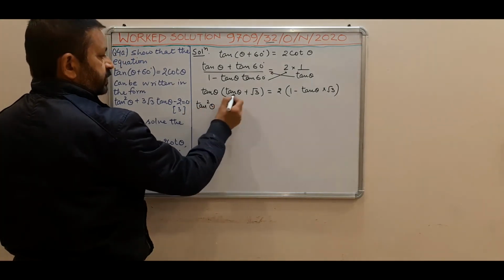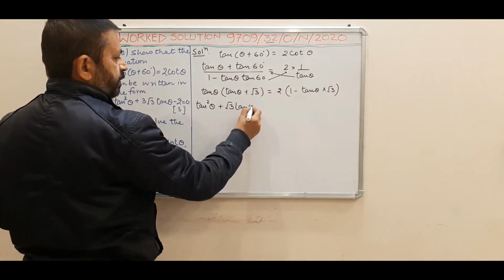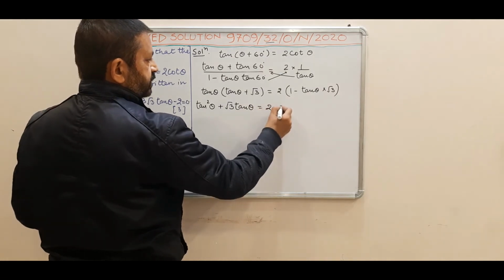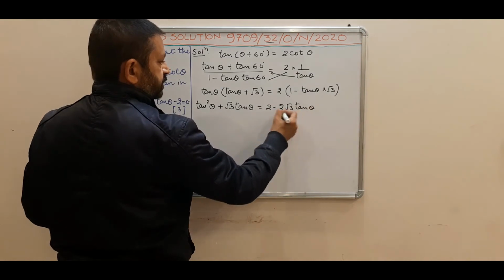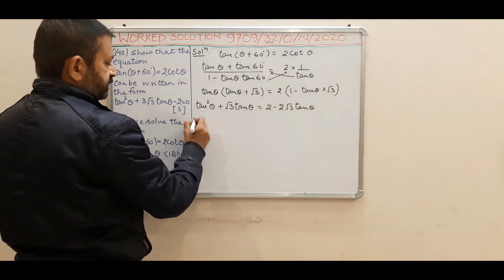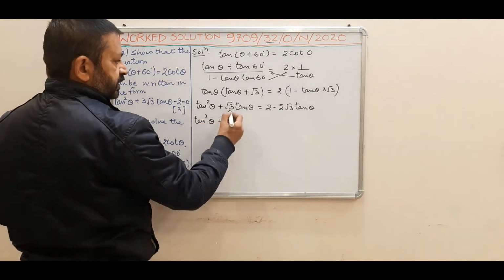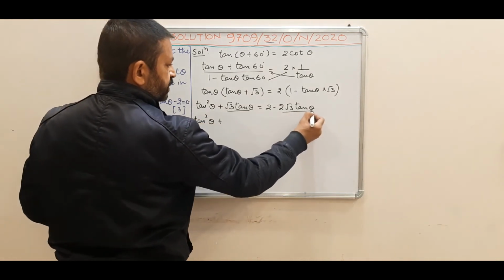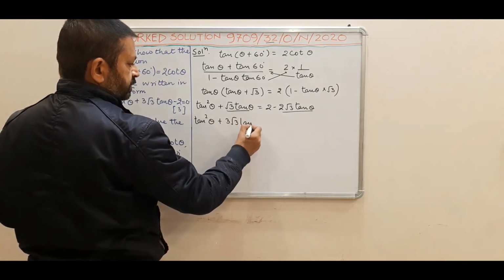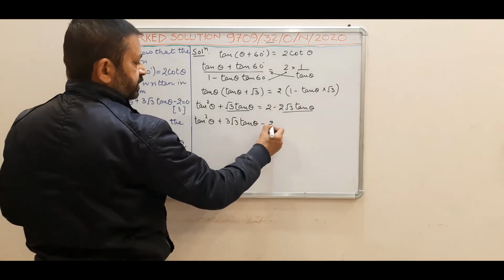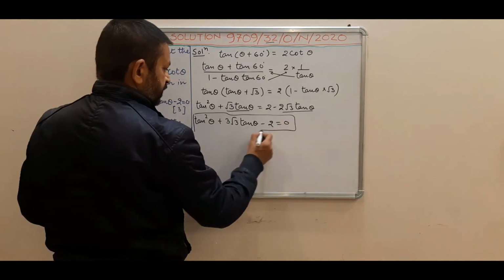It will become tan into tan is tan square theta plus under root 3 tan theta is equal to 2 minus 2 under root 3 tan theta. Shift these two terms to the left hand side. So finally we'll get tan square theta plus under root 3 tan theta, and 2 root 3 will come from this side. It will become 3 under root 3 tan theta, and 2 will become minus 2, is equal to 0. So this form was required in A part.